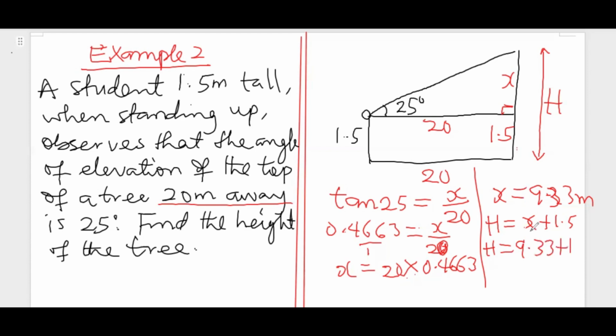Then we add 1.5 to get the height of the tree. 9.33 plus 1.5 should give us 10.83 meters. So without wasting our time, we go to example 3.